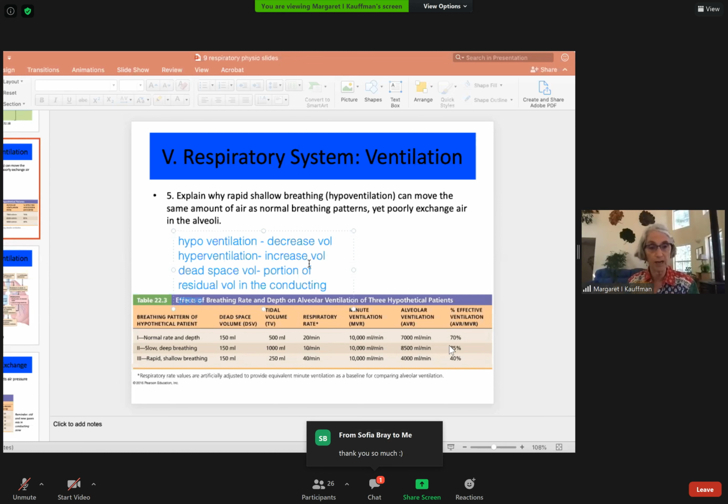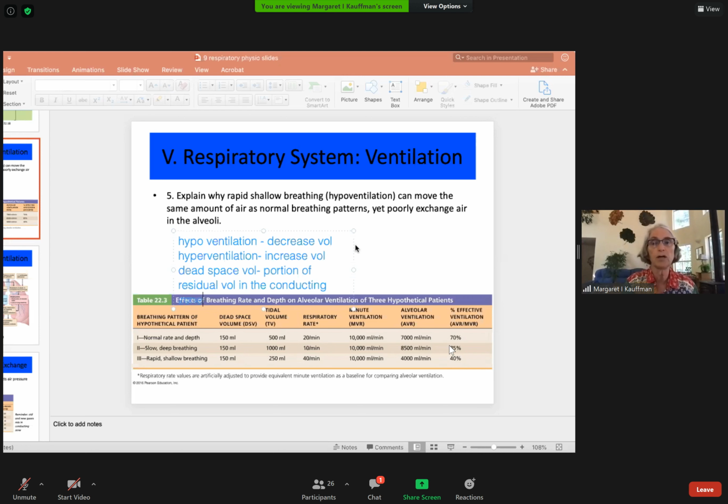The reasons for hypoventilation may be that you are totally congested in your conducting zone and mucus is covering everything, and therefore it's hard to get the gases through. Resistance has gone up, or you have a massive allergic reaction and histamines caused constriction of the bronchi, and therefore it's hard to get gases through those areas.